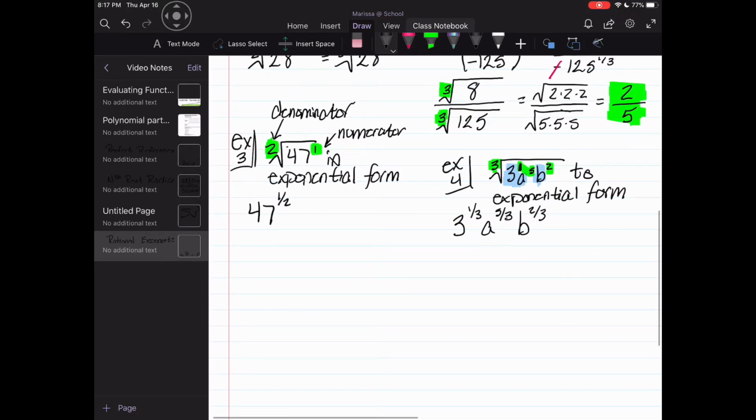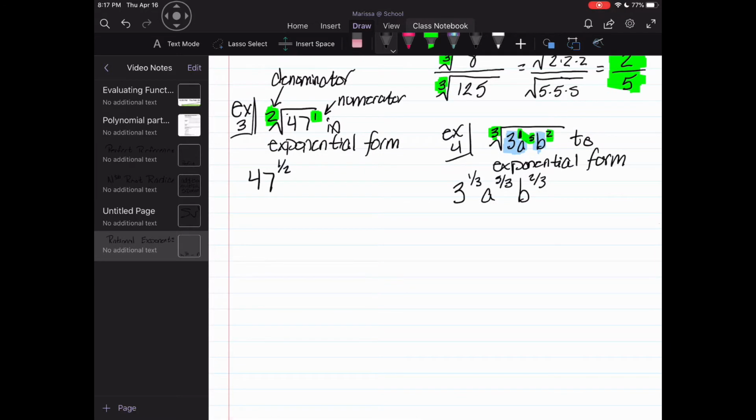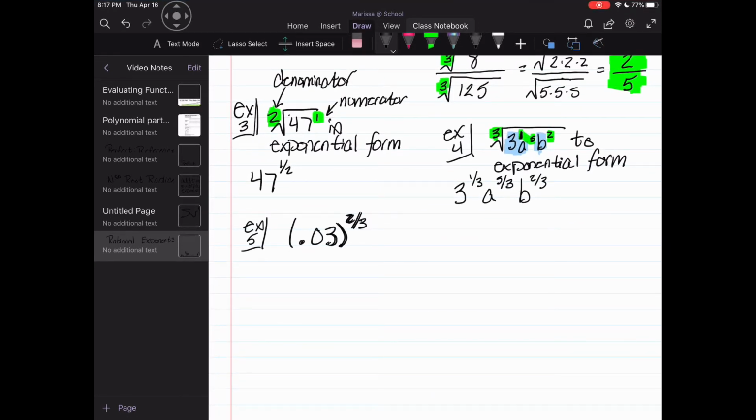And the other thing we looked at last week was sometimes we have decimals. So one more example, and then I'm going to give you a few to try. So sometimes we end up with decimals, such as maybe 0.03 to the 2/3 power. We're going to go to radical form.